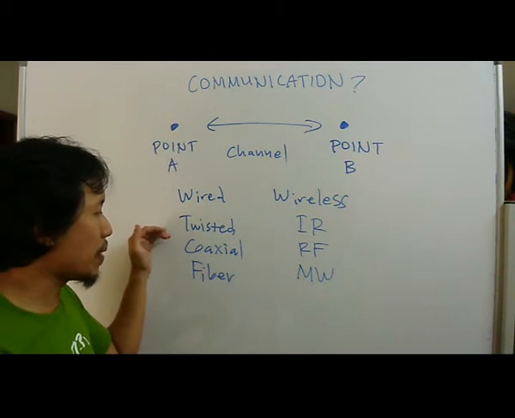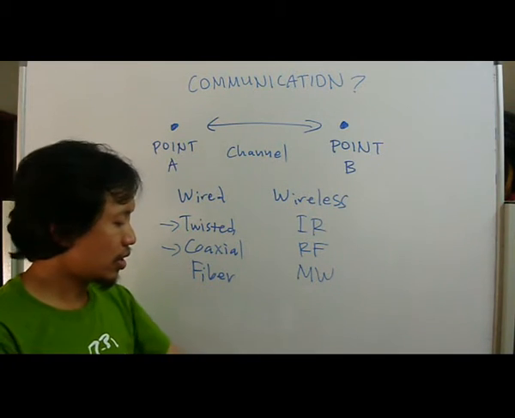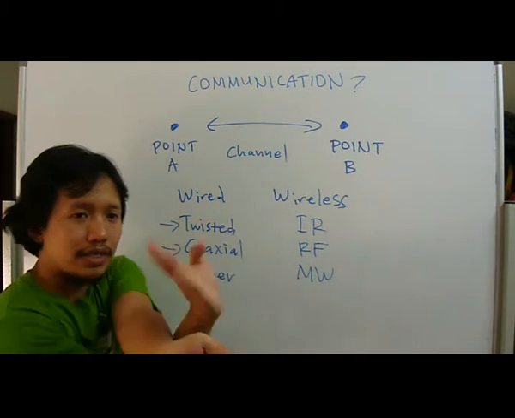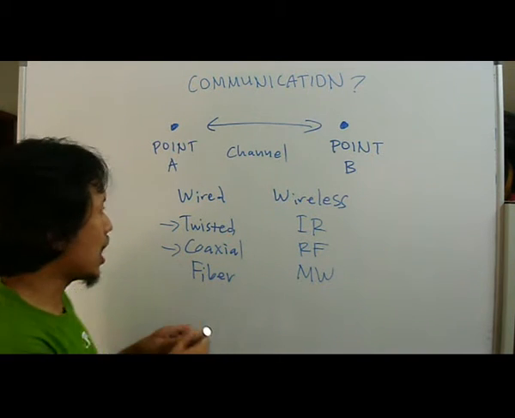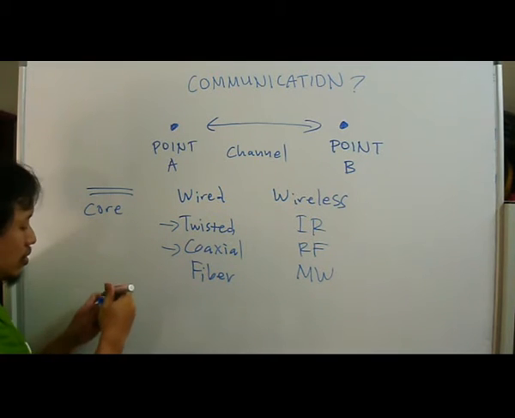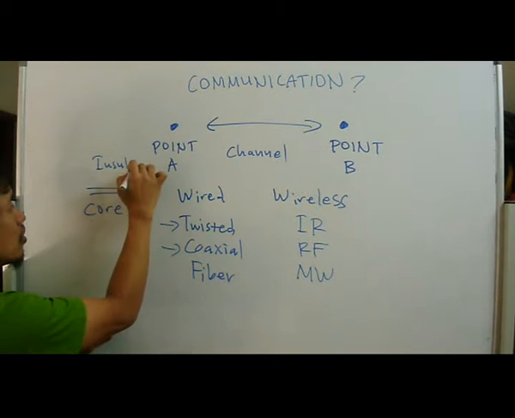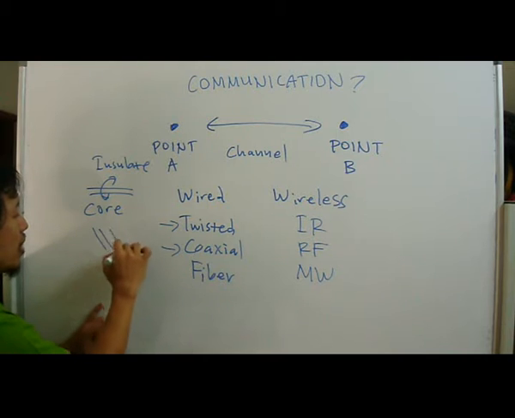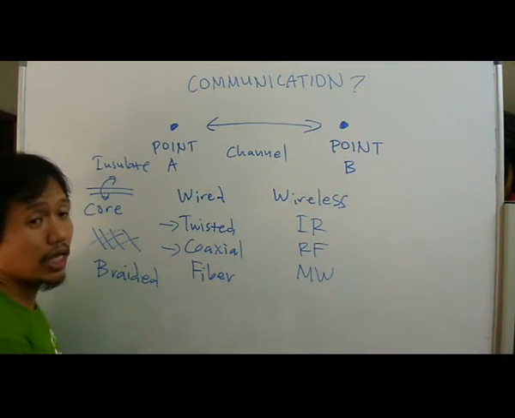We improve on the twisted pair by having what we call the coaxial cable. Coaxial is where instead of having the two cables twisted, where the axes go all chaotic, here we have a cable with a core. Around the core we have some insulation, and then we have braided wire, a braided cable.